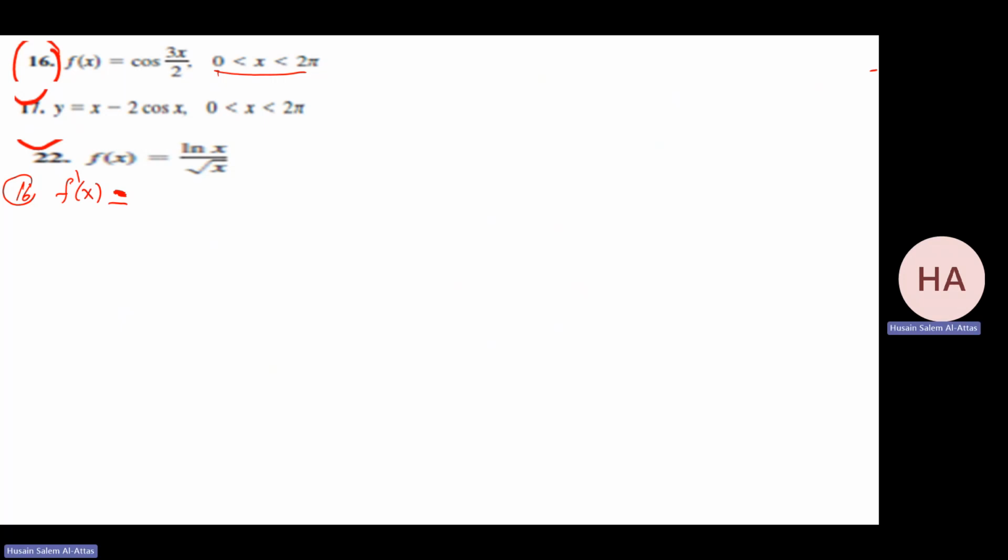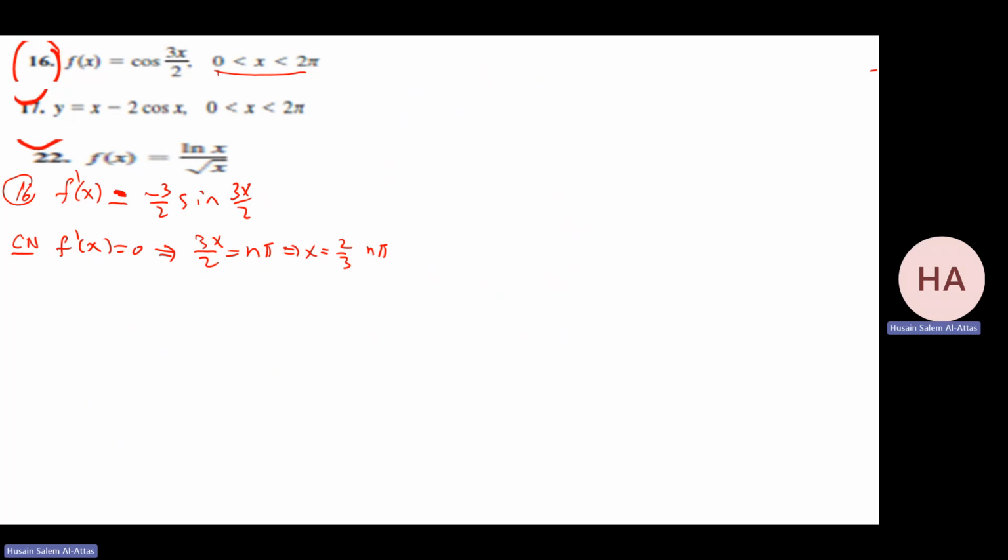Will be -3 over 2 sine 3x over 2. Okay, critical numbers. Need to find f prime equals 0. So I have 3x over 2 equal n pi. In other words, x equal 2 over 3 n pi.